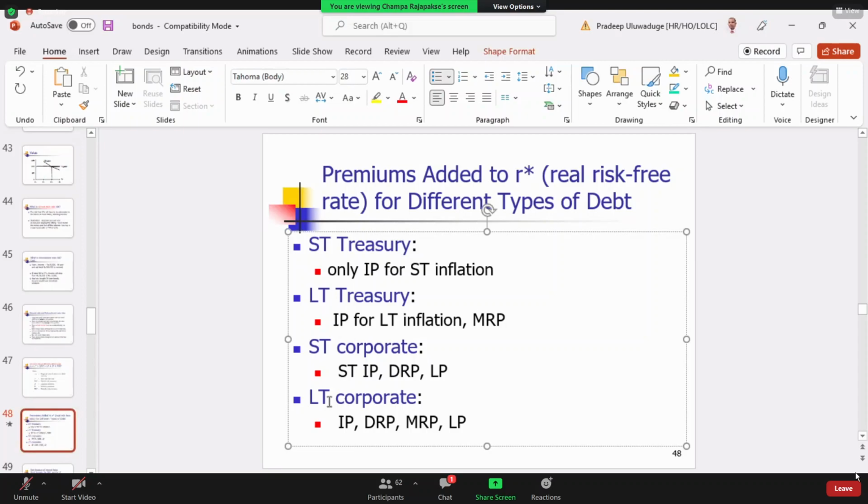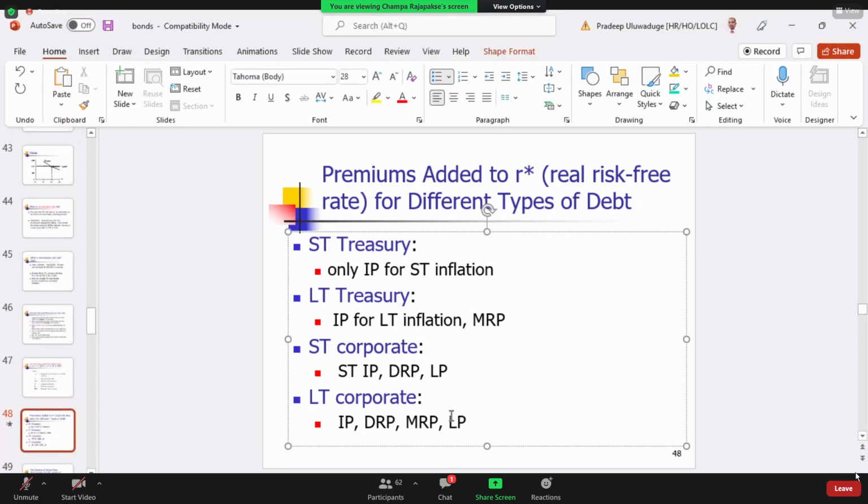If it is long-term corporate bonds, then the inflation premium for long-term inflation will be added, the default risk premium will be added, and the MRP, maturity risk premium, will be added because it's long-term. And the liquidity premium will be added because it's a firm.